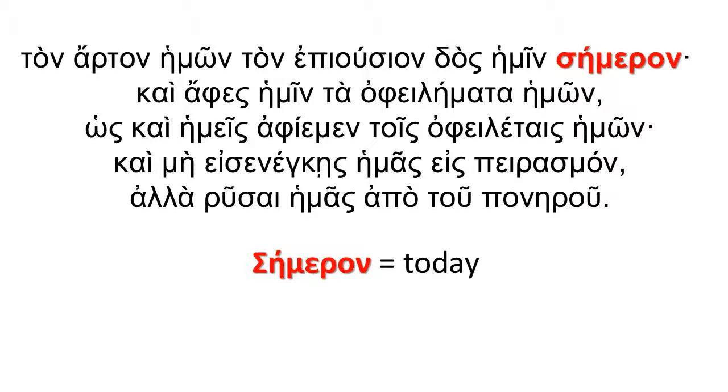Can you think of any words in English that come from this part of the word, ἡμερον? In English we have a word called ephemeral, meaning temporary, not lasting. Something that is just for today. Σήμερον.